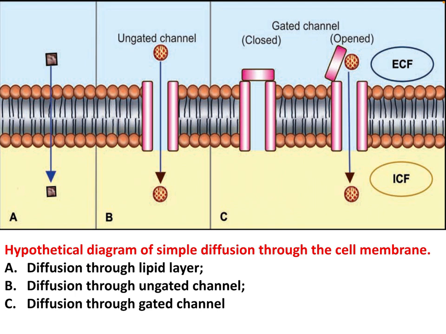Example, sodium channels which are opened by acetylcholine in the neuromuscular junction. The last one is mechanically gated channels which are opened by some mechanical factors such as pressure and force. Example, sodium channel in the pressure receptors called Pacinian corpuscle.